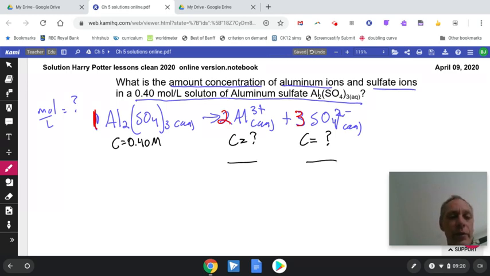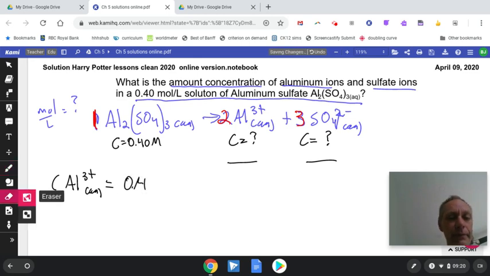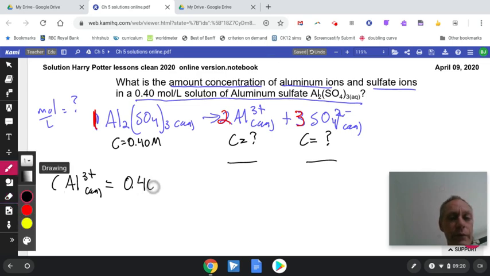So stoichiometry, concentration of Al3+ is, start with what we were given, 0.40 moles per liter of Al2(SO4)3.